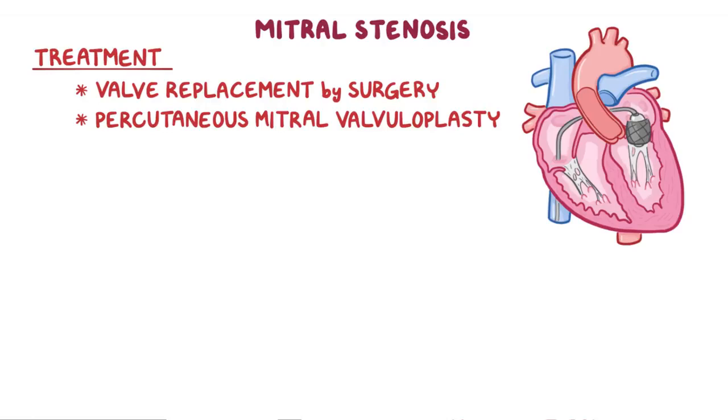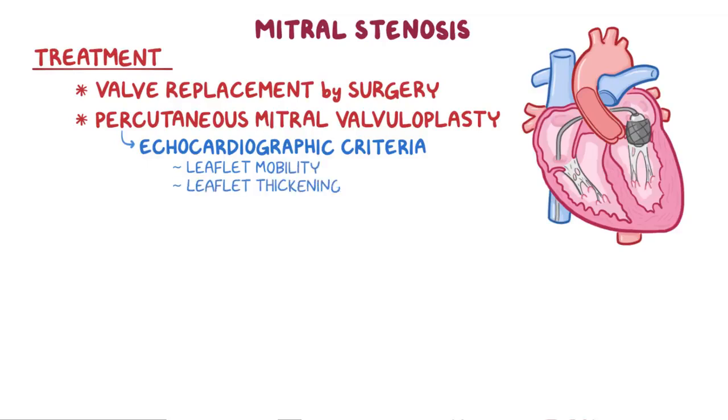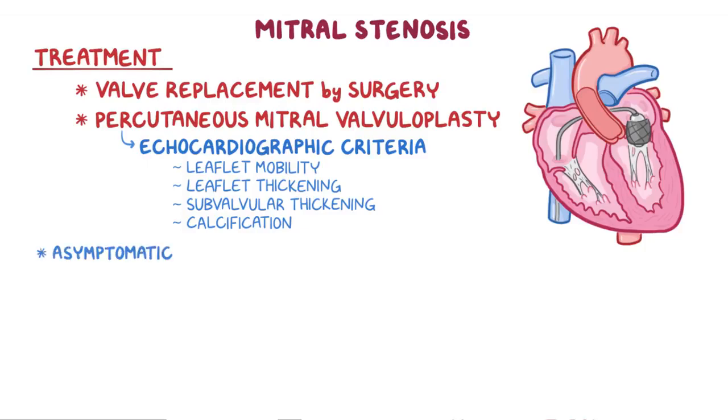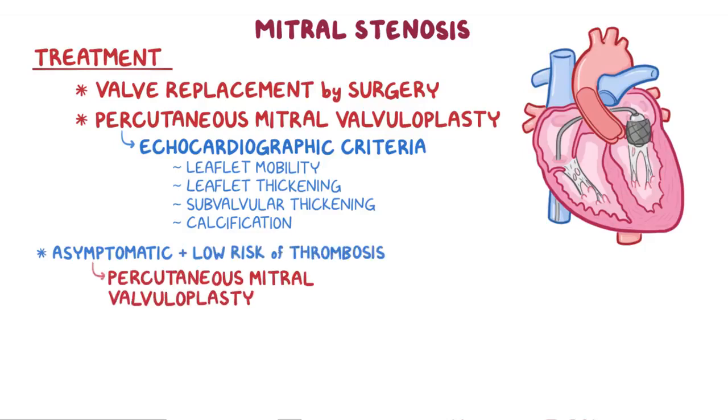Determining which patients would benefit from percutaneous mitral valvuloplasty relies on 4 echocardiographic criteria: leaflet mobility, leaflet thickening, subvalvular thickening, and calcification. Treatment is chosen based on the presence of symptoms. In asymptomatic individuals with a low risk of thrombosis, percutaneous mitral valvuloplasty is done.